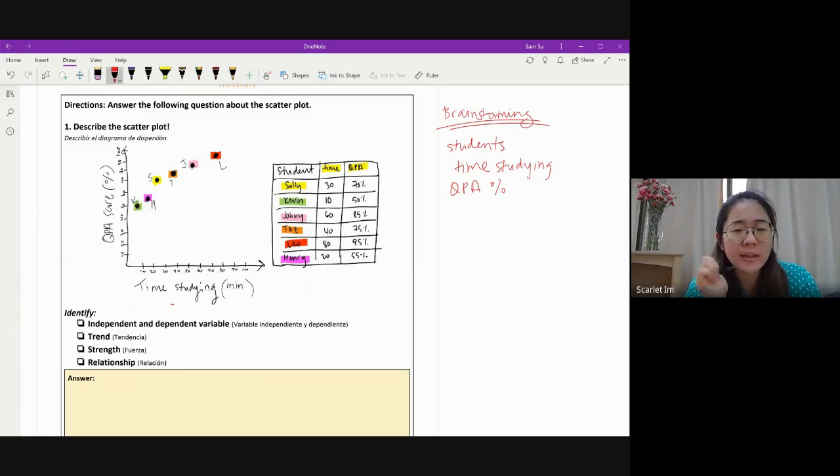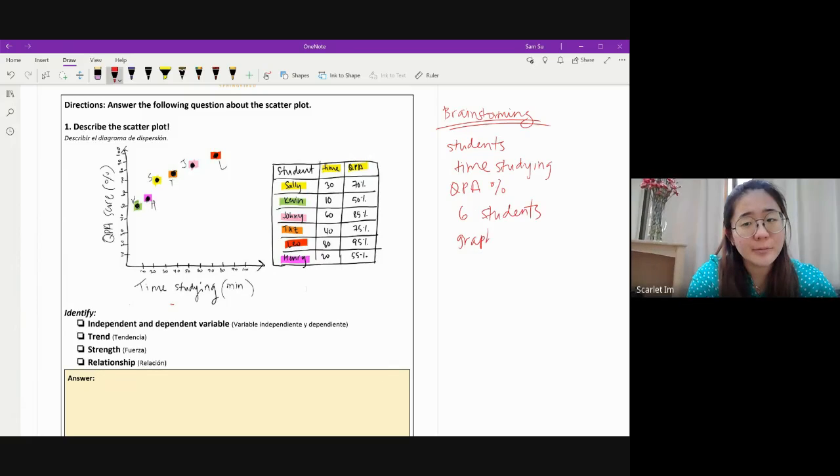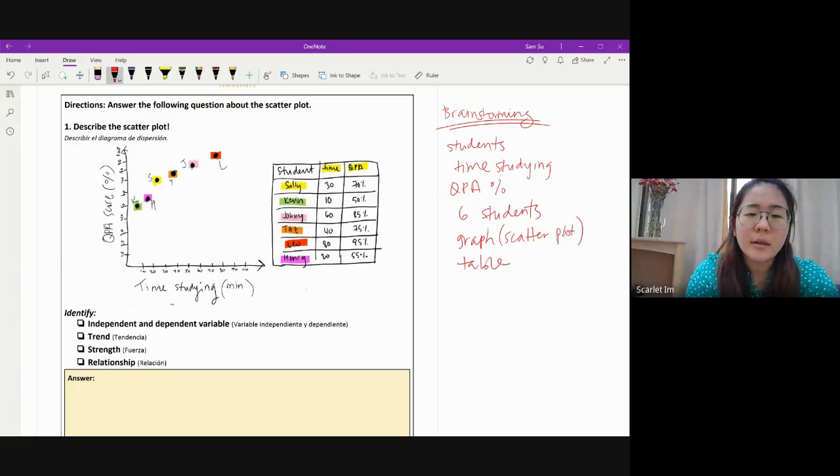I noticed that there are 1, 2, 3, 4, 5, 6 students. There is a graph or a scatter plot, to be more specific. And there is a table. And I noticed that just generally it's going in an upward direction. Okay?